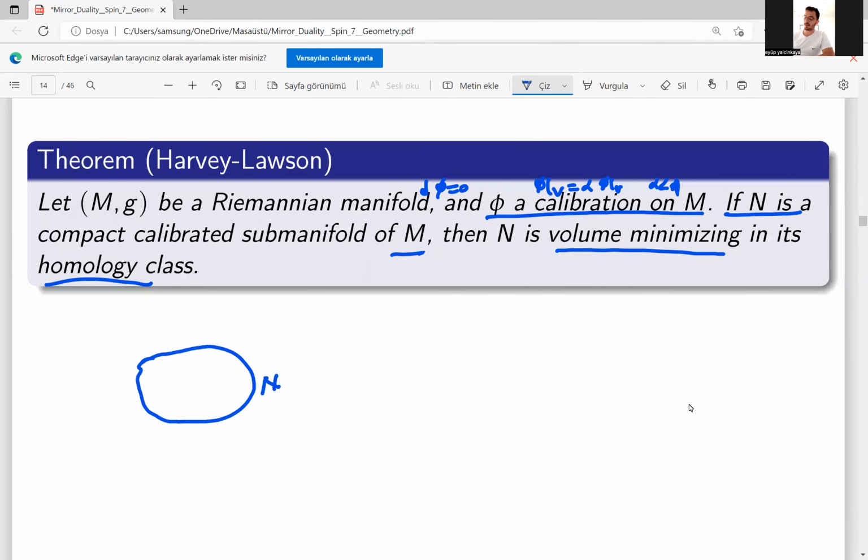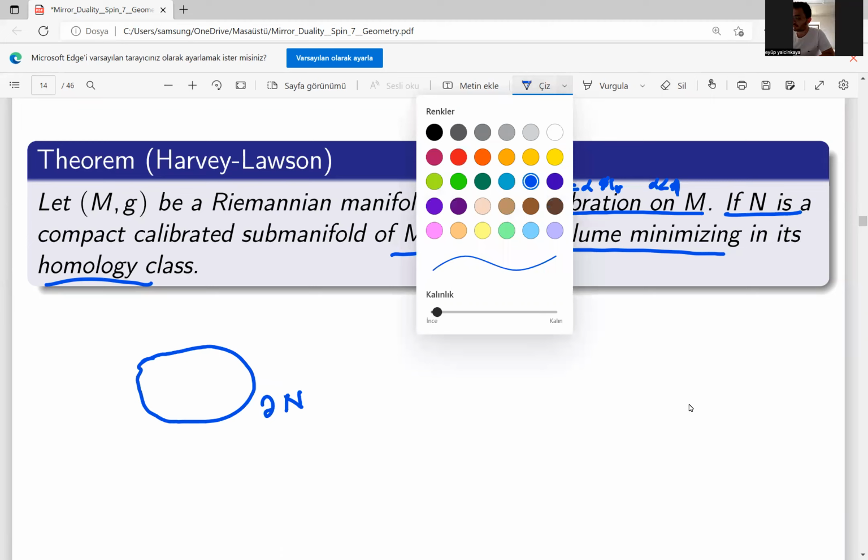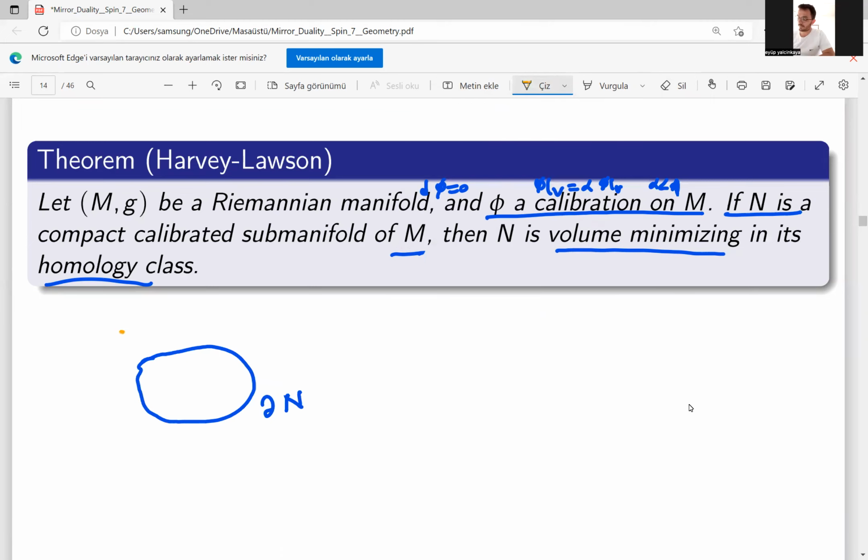Let's say the boundary of N here. So you can define the N somewhere here. I can use maybe a different color. So like this. Okay, this is our manifold.